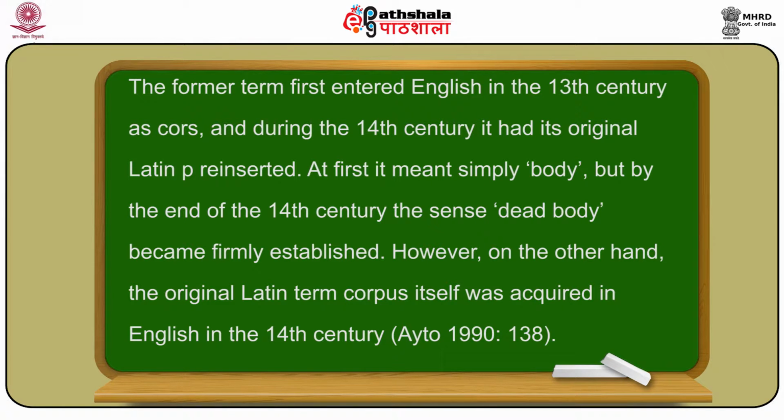At first it meant simply a body, but by the end of the 14th century, the sense dead body became firmly established. However, the original Latin term corpus itself was acquired in English in the 14th century.